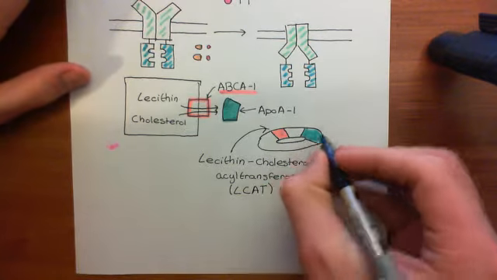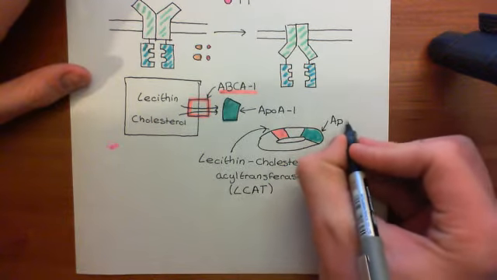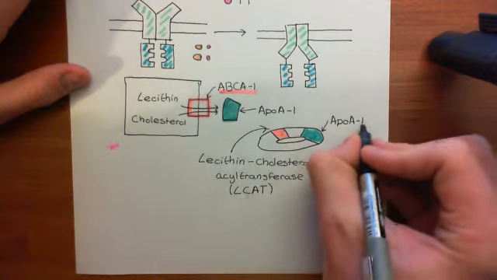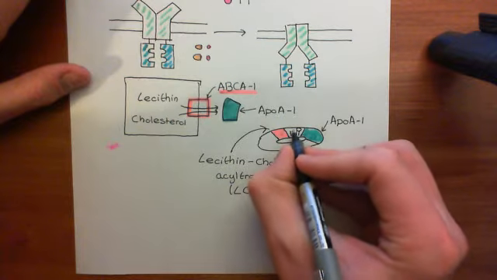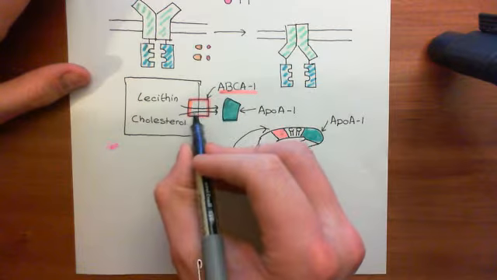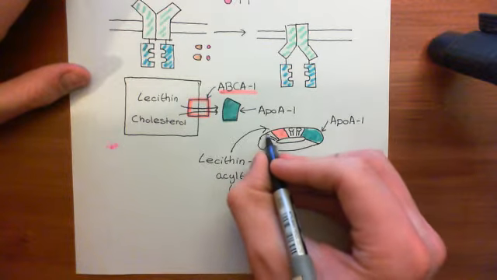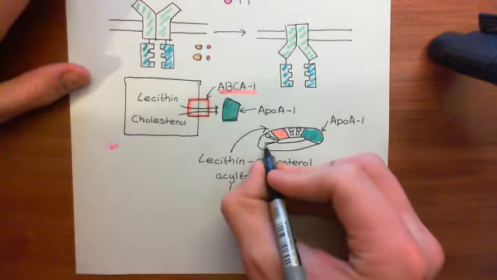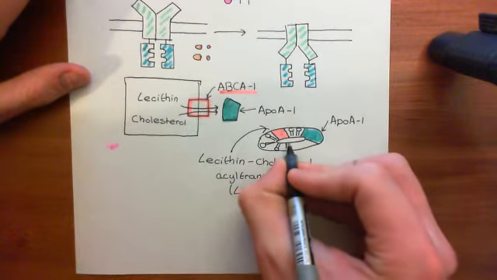Okay, right, so here we then have the apolipoprotein A1 in turquoise, and we then have this phospholipid monolayer, and these phospholipids have come from the ABCA1, which is transporting out mainly lecithin, but it might be able to transport other lipid molecules as well, such as other phospholipids.